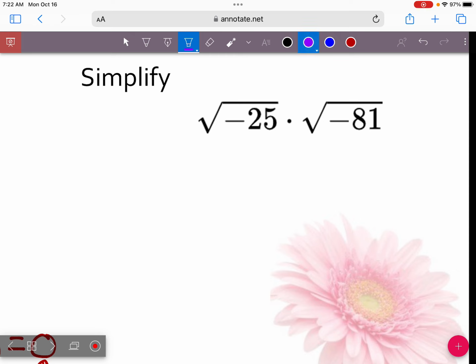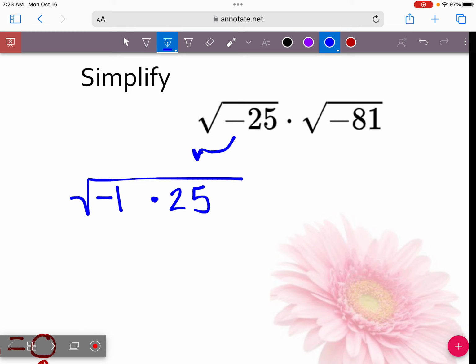When we have these negative square roots, this is when we're going to factor things out. I'm going to take this -25 and split it up to be -1 times 25, because I really don't like having a negative under my square root. I'm going to take the -81 and split it up as -1 times 81.